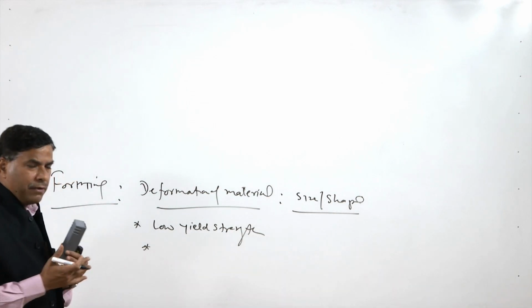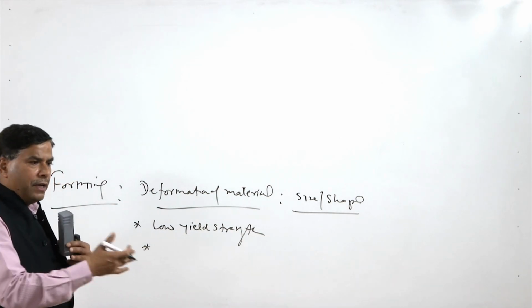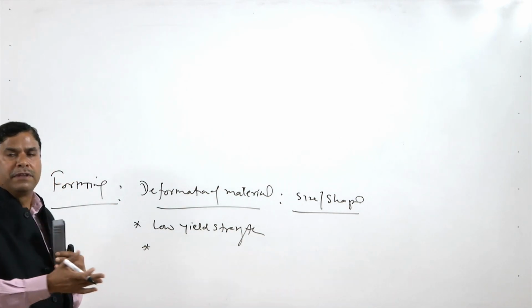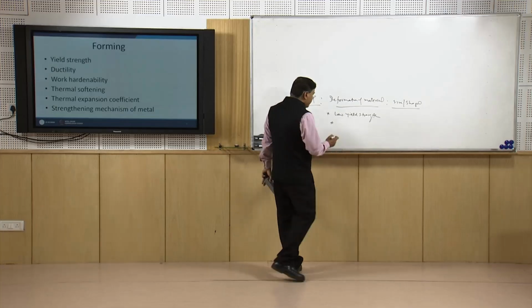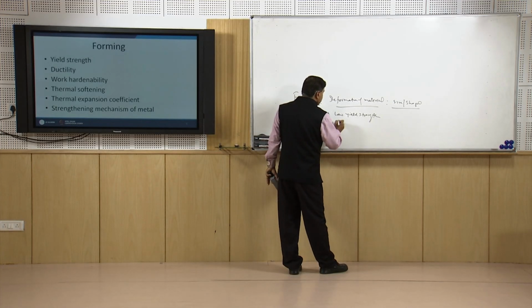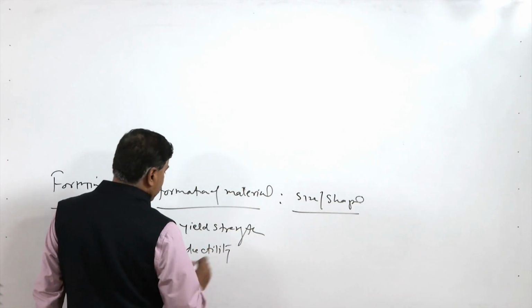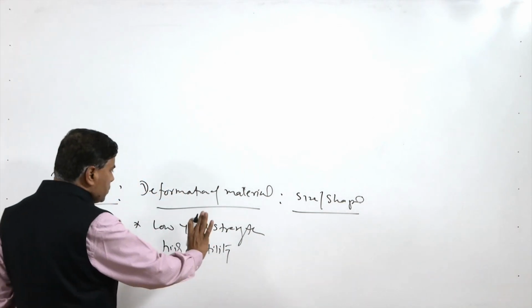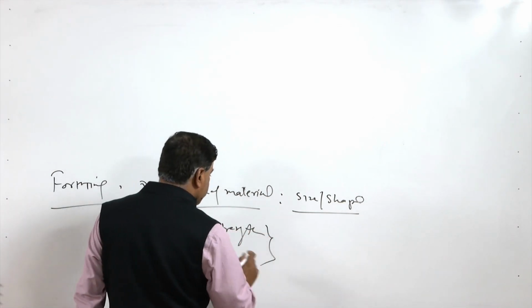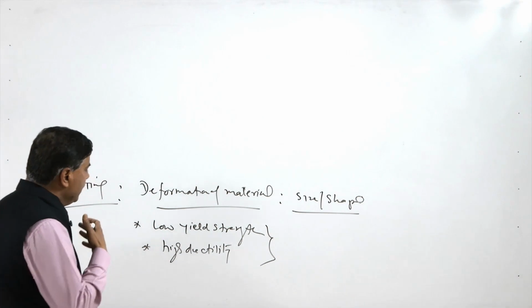At the same time, whenever material is deformed, it should get deformed without developing any cracks, and for that it is necessary that it has a high ductility or the percentage elongation is high. So, these are the two very important requirements for the material to be processed by the forming process.